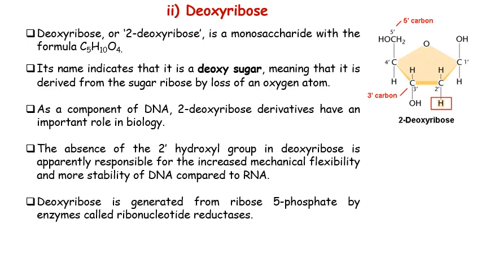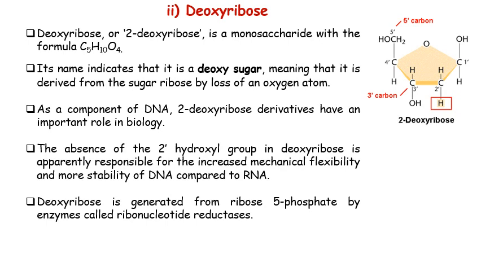It has one less oxygen atom as compared to ribose at carbon number 2. That is why we call it 2-deoxyribose. Its name indicates that it is a deoxy sugar, meaning that it is derived from the sugar ribose by loss of an oxygen atom.